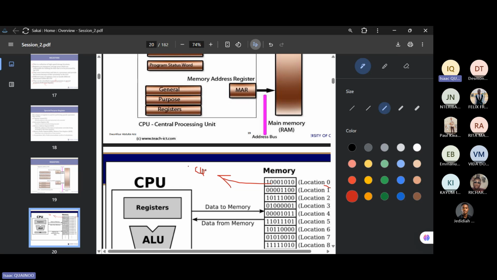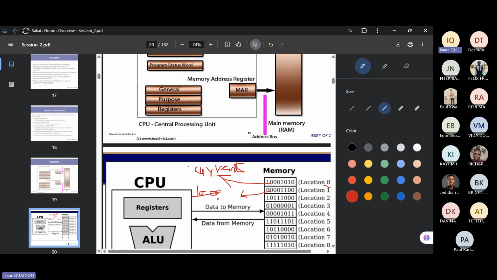So let me call this current, okay? Then what will be the next program to be executed? That will be the instruction at location 1. So location 1 will be the next. Let me call that next.